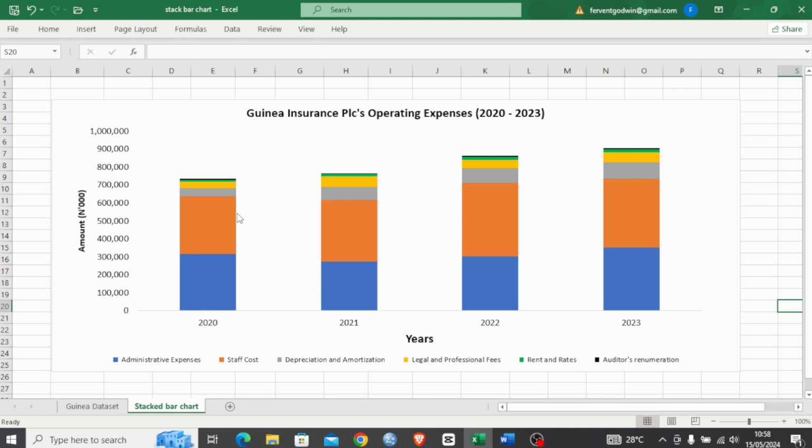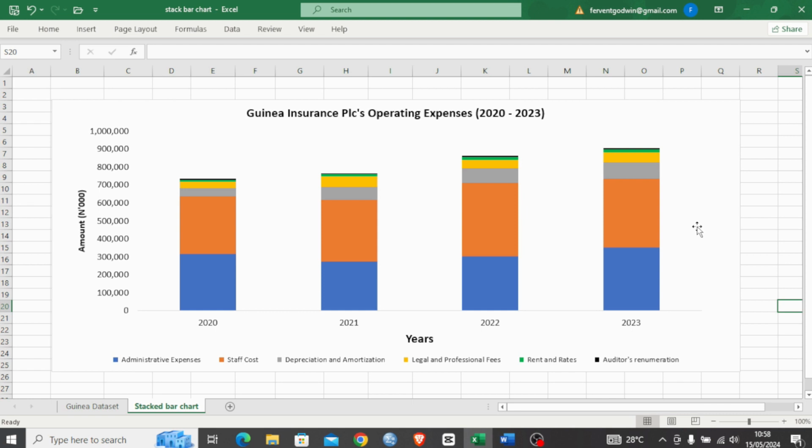It's glaring, like I said before, that this increase moved from over 700 million to almost 800 million, then almost 900 million, and then hits 900 million in 2023. So we can predict that 2024 will be slightly higher with this trend that we are seeing.